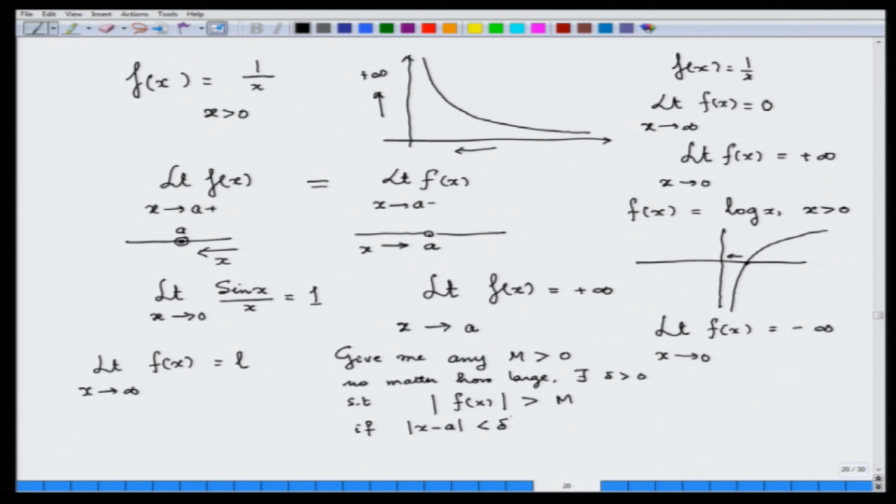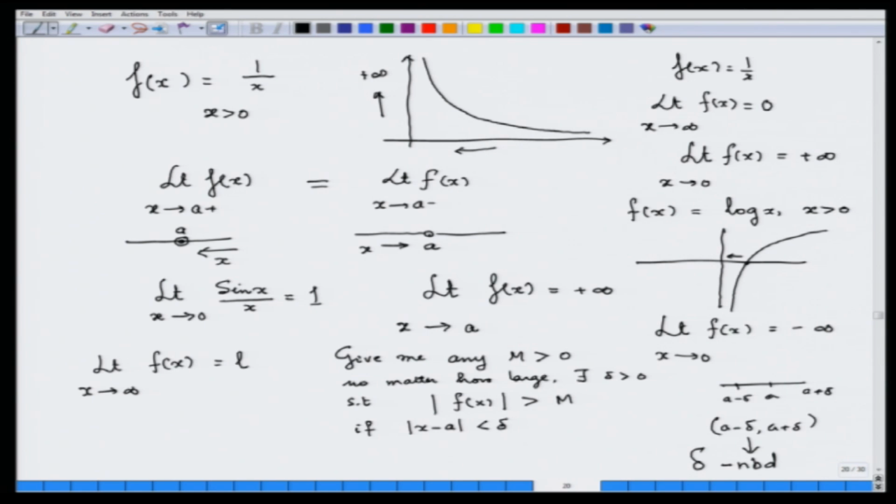So, whenever x is within the delta neighborhood of a, this is always called the delta neighborhood, a minus delta, a plus delta. So, this is an open interval, this is called the delta neighborhood, I am doing a shortcut NBD.